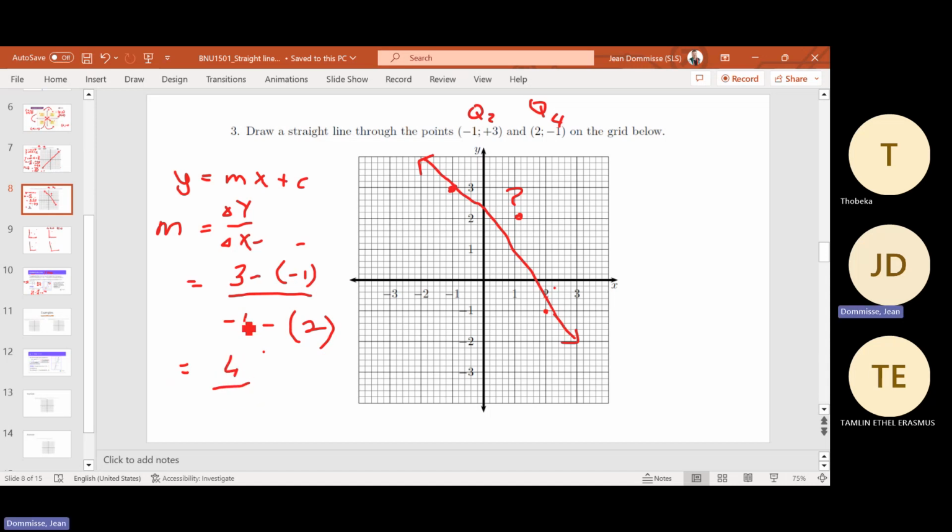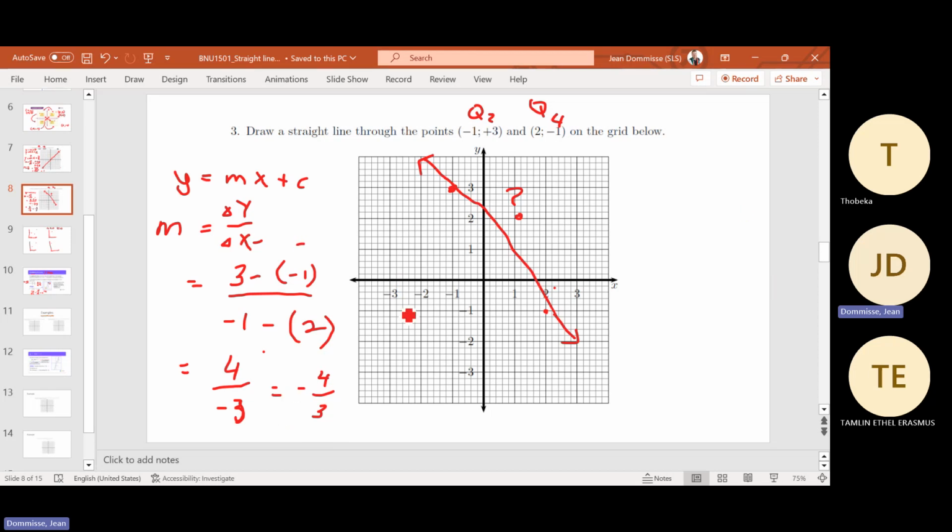At the bottom, -1 minus 2 is -3. So we are getting not a very nice slope, but your slope is 4 over -3, which we can rewrite as -4 over 3. So that is again a way to calculate the slope.